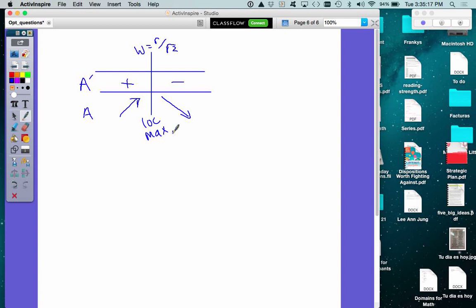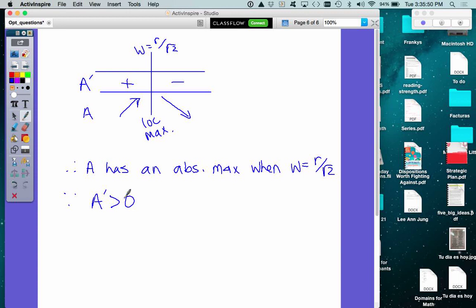So now we can write our answer. We're looking for an absolute maximum, and we have enough justification up here in the labeled sign chart to get that. So we can say area has an absolute maximum when w equals r over the square root of 2. And the reason for that is because we know that A prime is positive, which means A is increasing, not just to the left of w equals r over 2, but everywhere to the left of w equals r over 2.